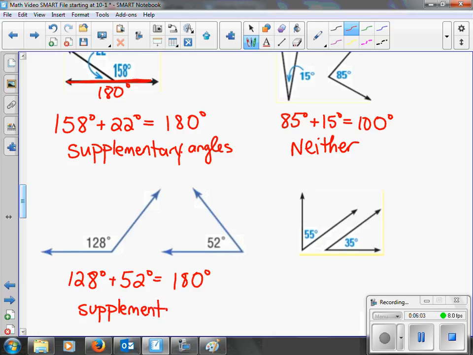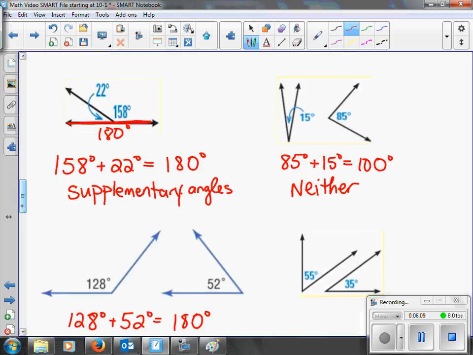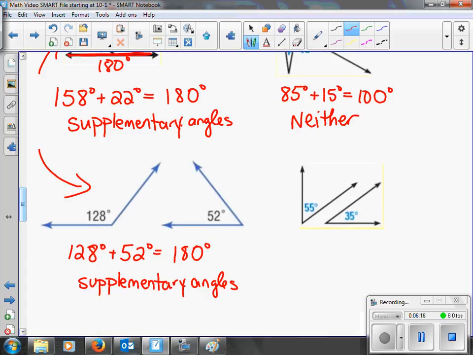Yes, you're writing everything down, every single thing. By chapter 10, you should not have to be told that. So you can see we can have supplementary angles that are laid next to each other, or you can have supplementary angles that aren't pictured right next to each other, but they still add up to be 180 degrees. So they're still supplementary angles.